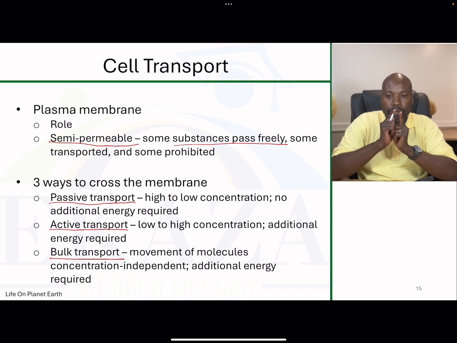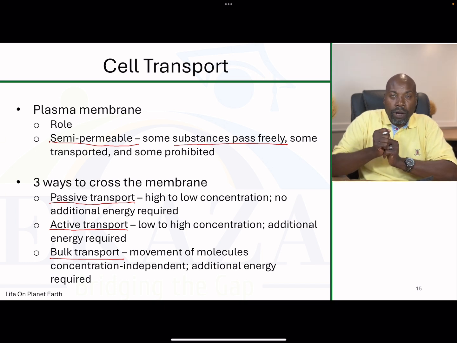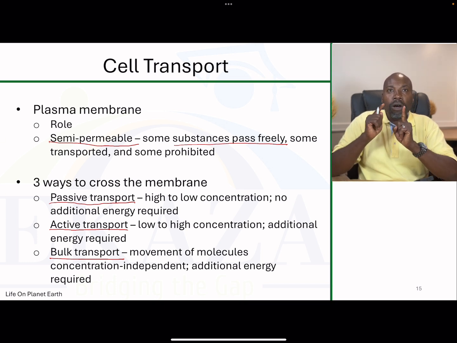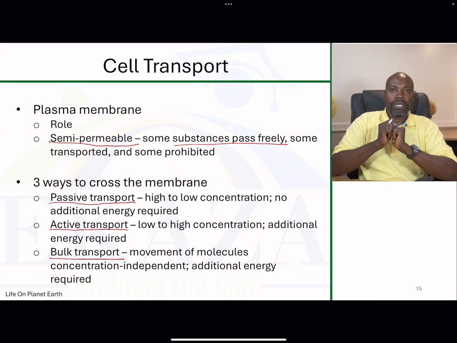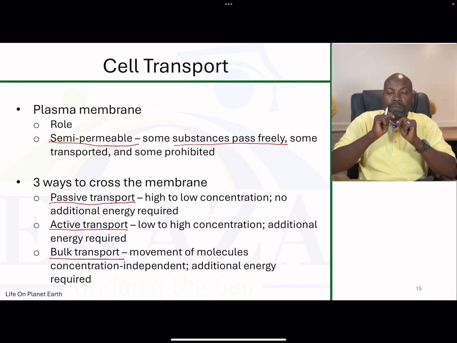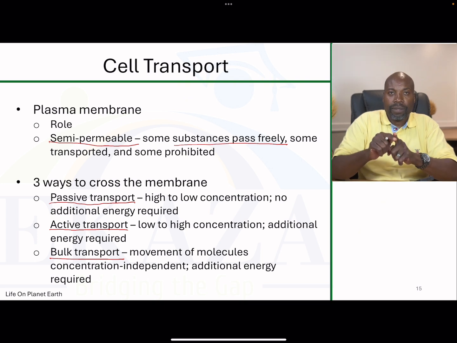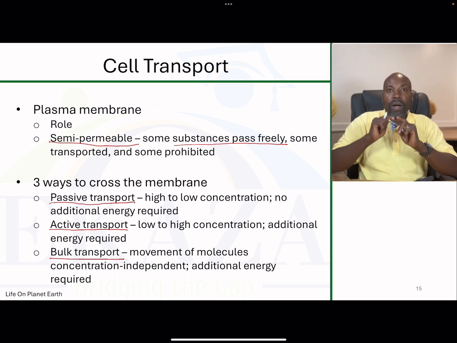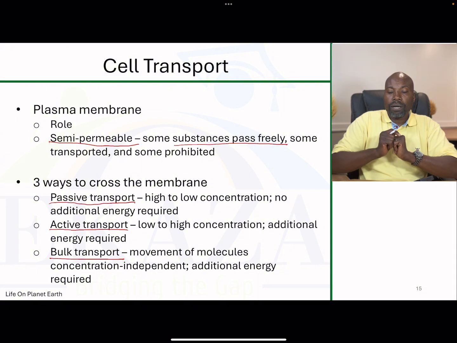Now, let me tell you this. Bulk transport is a form of active transport, okay? Which means that bulk transport requires expense of energy. Okay, bulk transport requires expense of energy. We are going to address that.